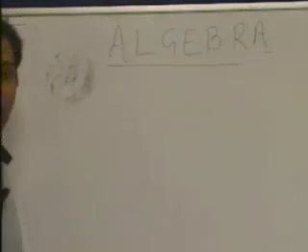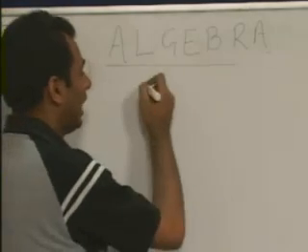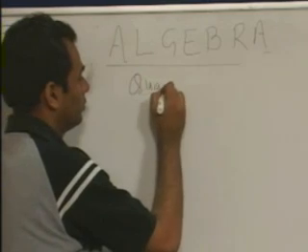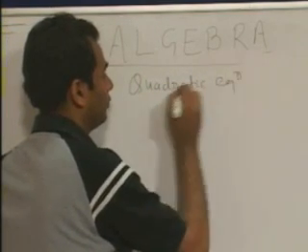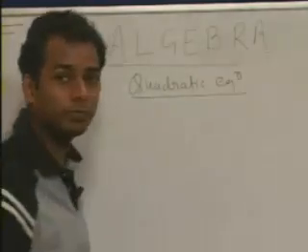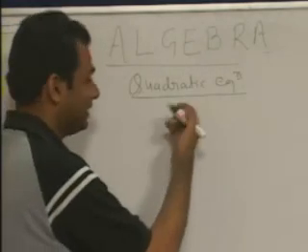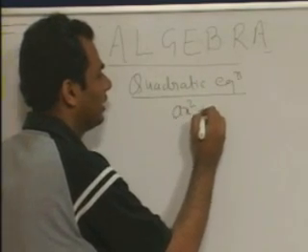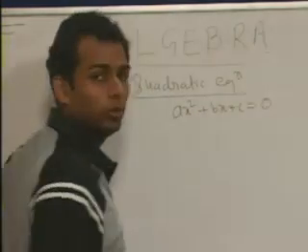Now, after linear equation, let's move to the next part, that is the algebraic or quadratic equation. In case of quadratic equations, the standard form of the quadratic equation is ax square plus bx plus c equal to 0.